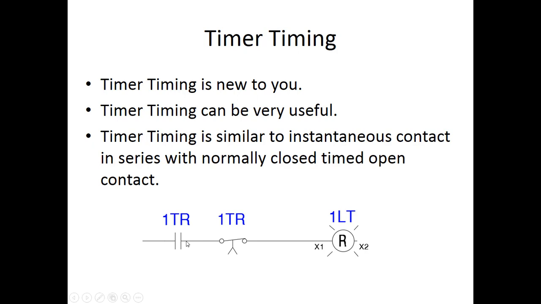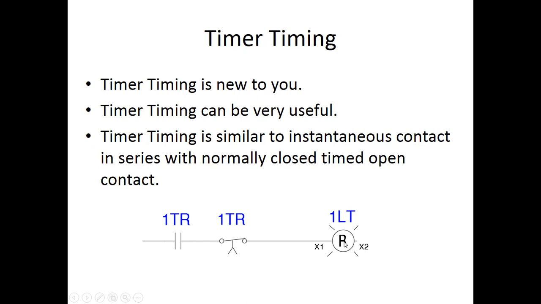It is similar to the instantaneous contact being in series with a normally closed timed open. So let's think about this. If we brought power to a pneumatic timer, this instantaneous contact becomes true. This is true because it's normally closed, and so the light comes on.